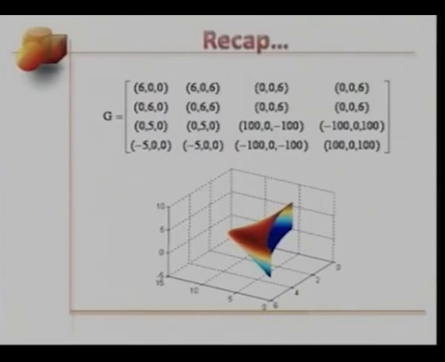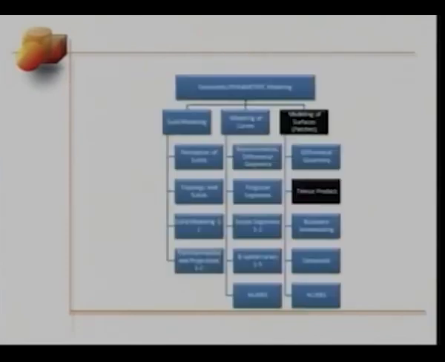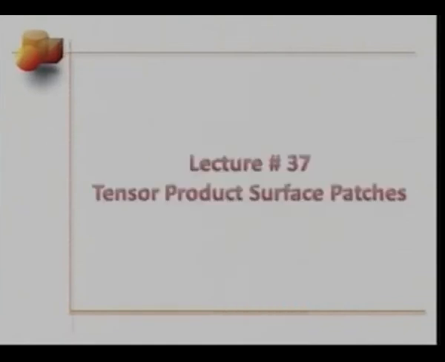Today, we are going to be looking at tensor product surfaces that use data point specification. This is lecture number 37 on tensor product surface patches. The first model is the 16-point form surface patch.